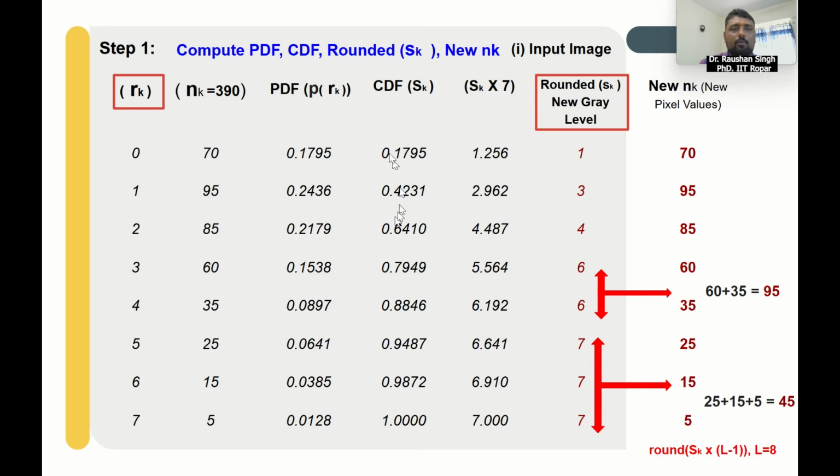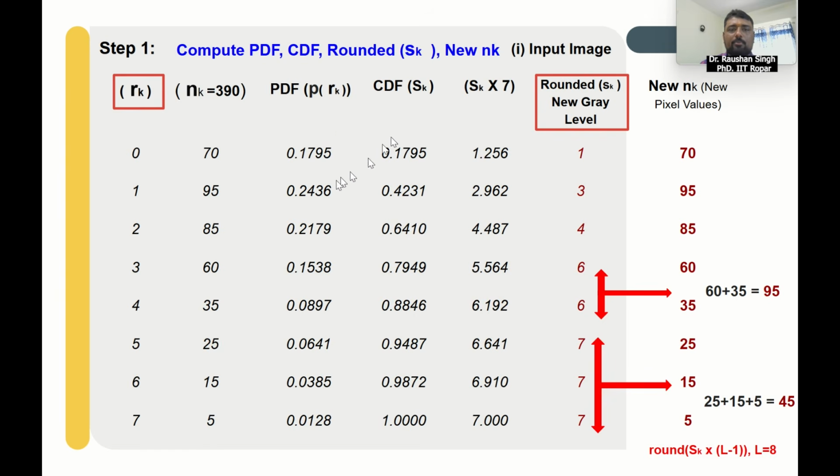This is called the PDF, because we are dividing by the total value. Then the CDF: you already know that the first values of PDF and CDF are the same, because we transfer this value here.